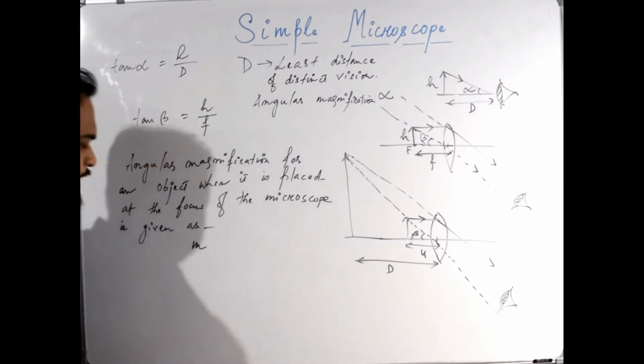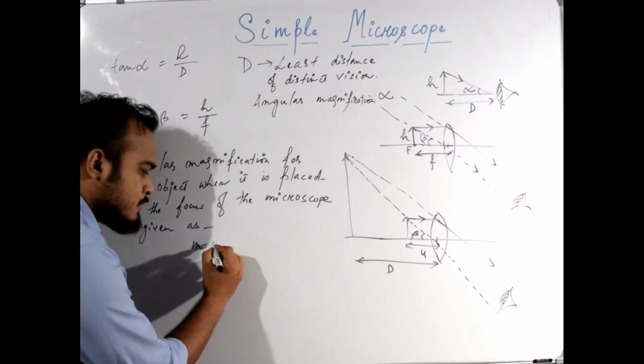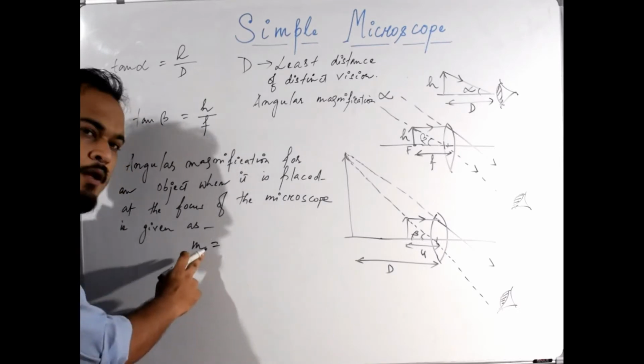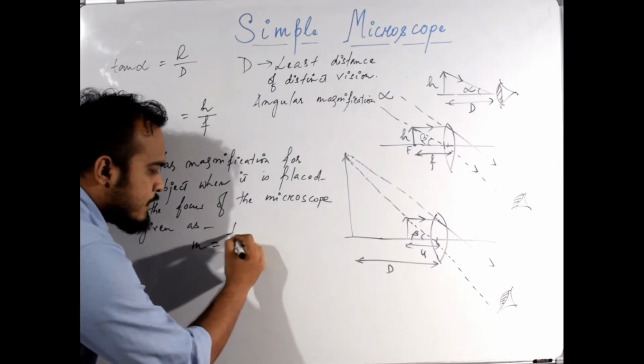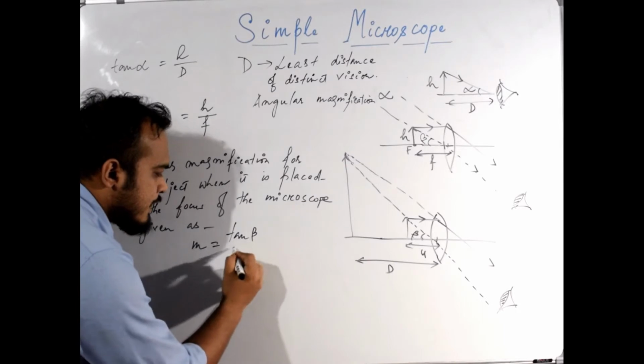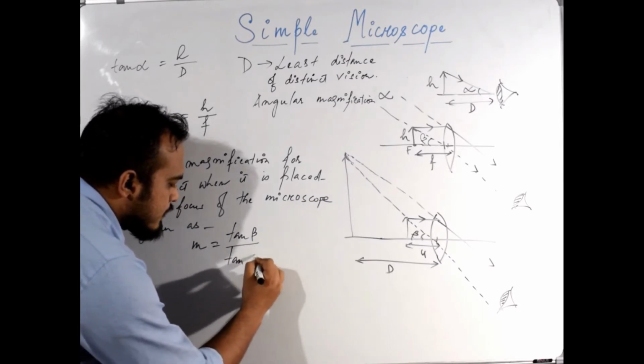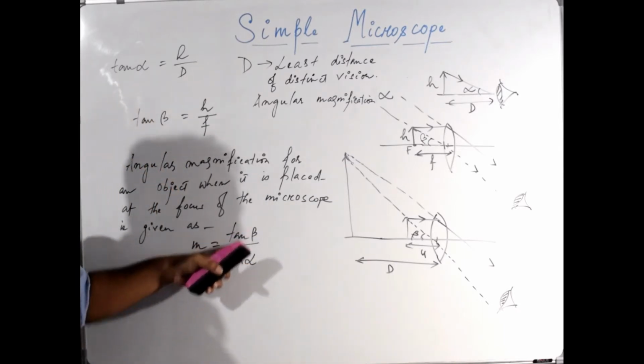We represent angular magnification as small m. So small m will be equal to tan of beta divided by tan of alpha. This is called the angular magnification.